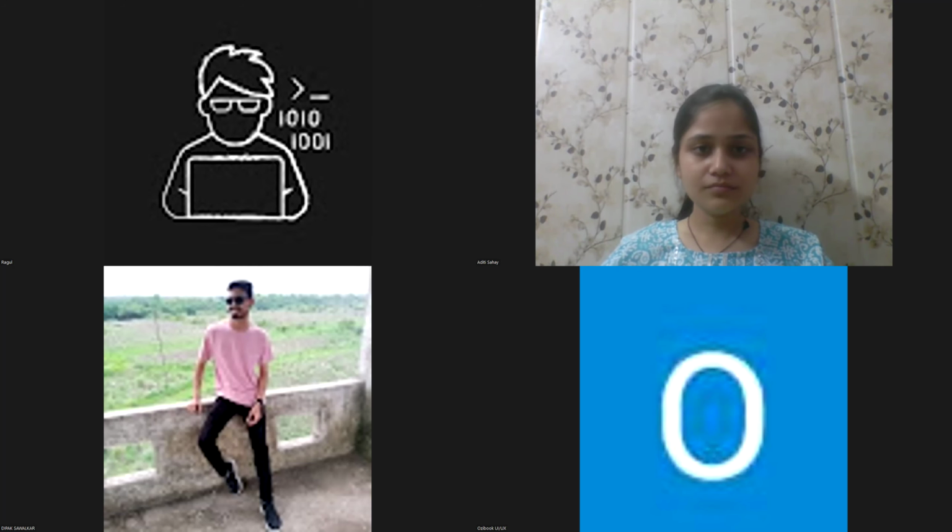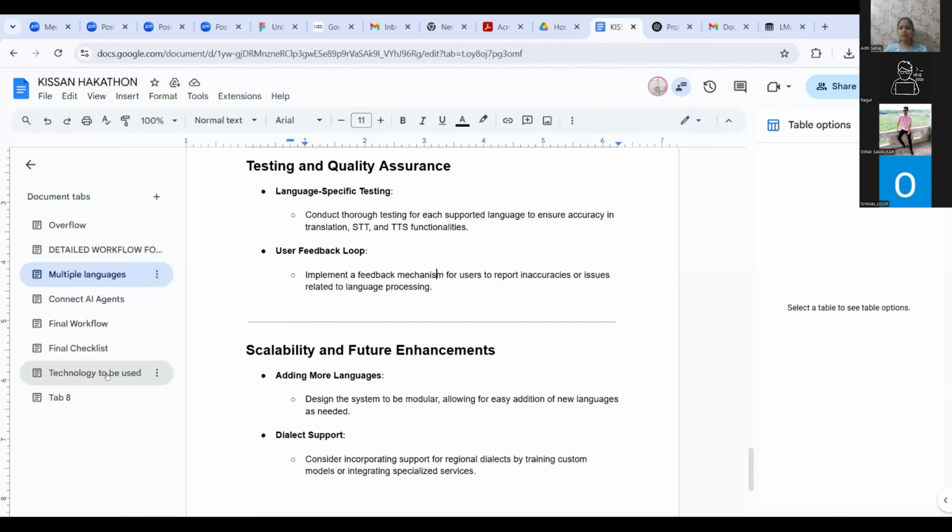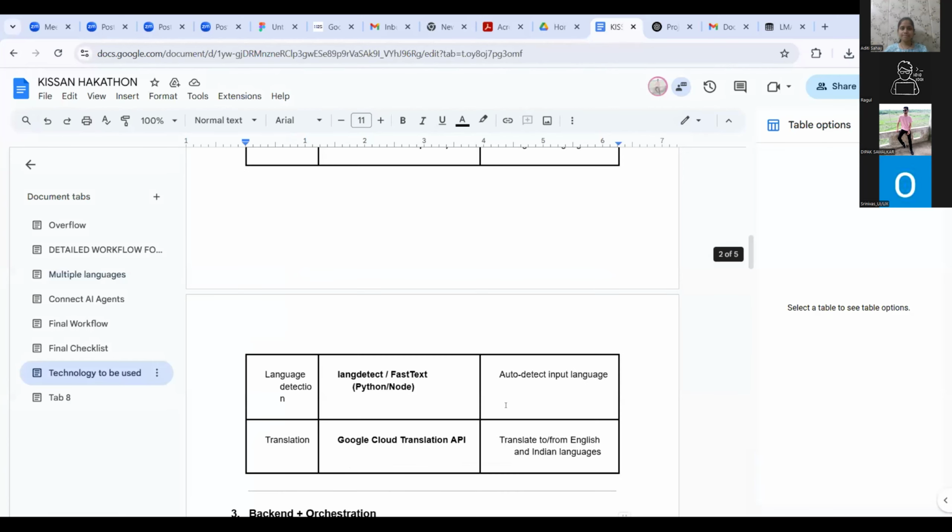Okay, one second. So is my screen visible? It's loading. Yeah, now it's visible.